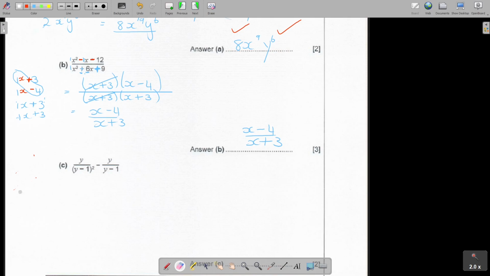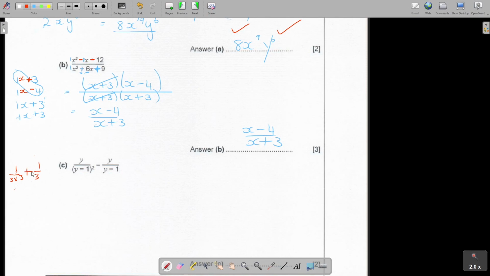So that is the principle. Now, this is a bit of a catch-out, and I'm going to first take you there. Say, for example, you have 1 over 3 times 3, and you have 1 over 3.